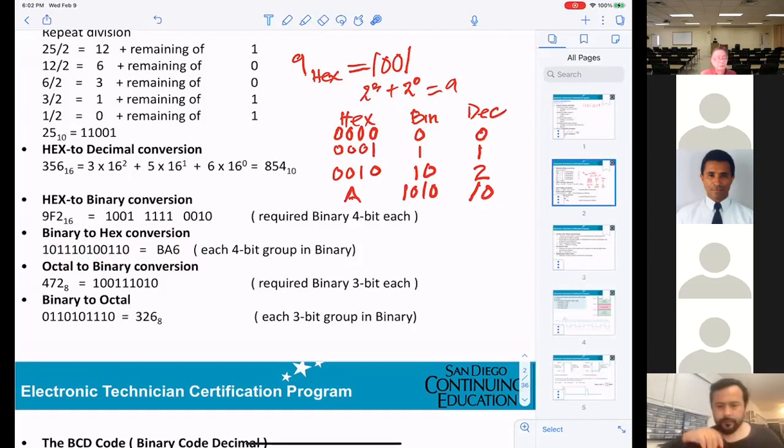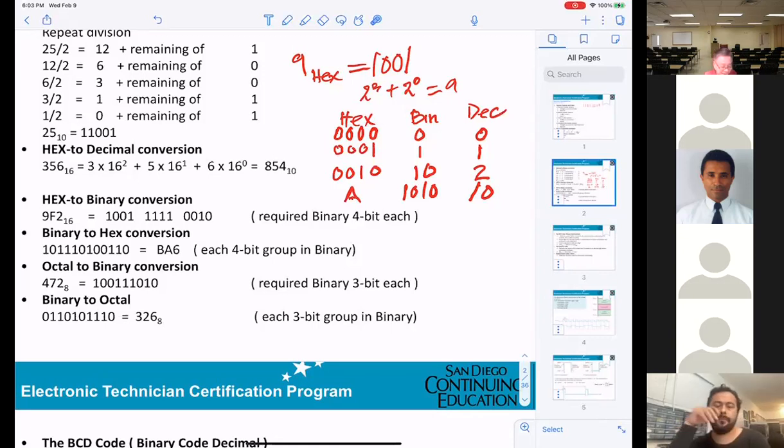So I want to make sure that if you get the hexadecimal, you're able to convert to the binary, or you get the binary, you're able to convert to the hexadecimal. If you're using your calculator, you can see it can do that conversion for you.